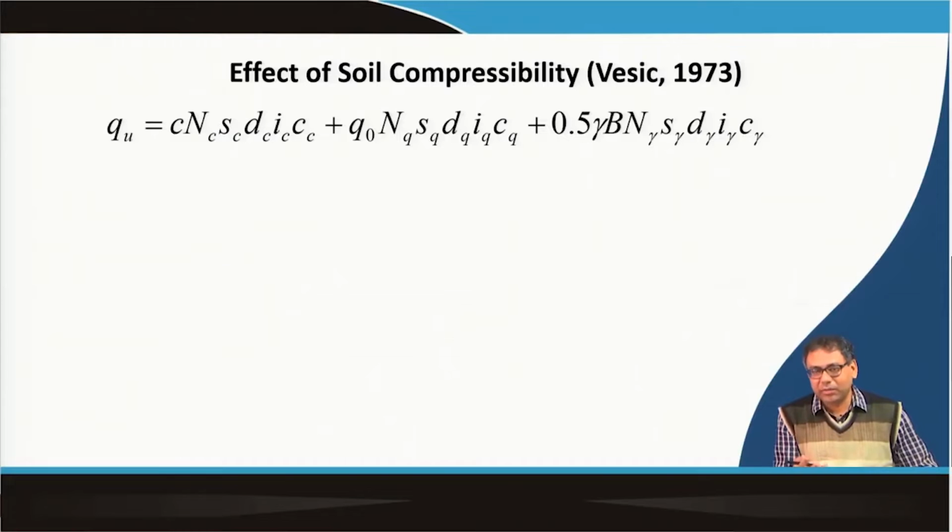In our normal foundation engineering course we generally deal with these three factors, but actually we can incorporate three more. Those I will discuss later, but now I will discuss the compressibility effect.